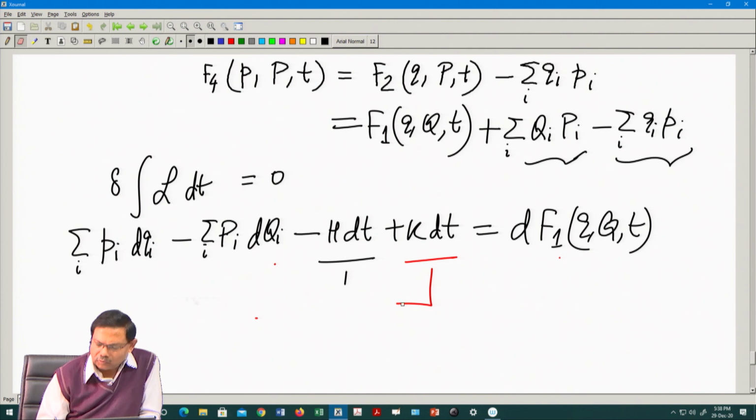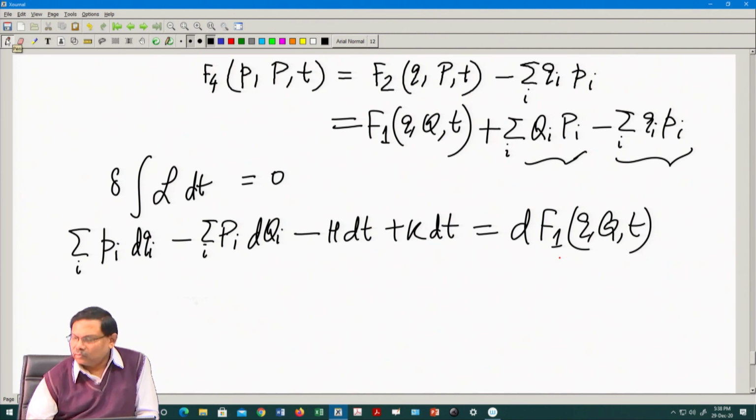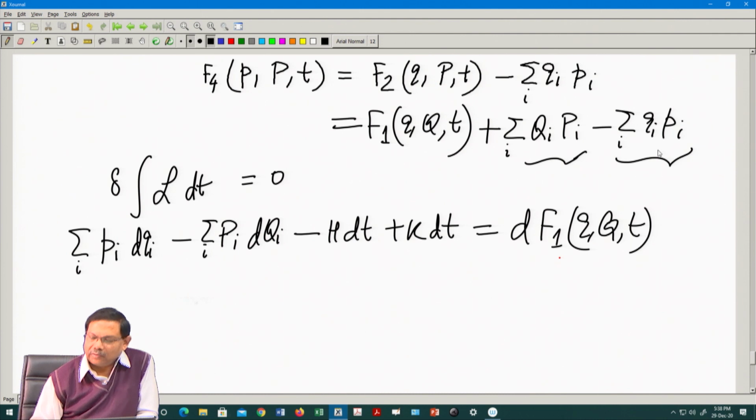So, now we have to add to both sides of this equation something, so that we go to a particular one. So, this time we have to add two things.